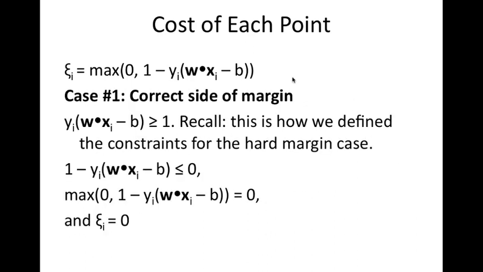We'll go through this very briefly. This should follow pretty naturally. For the first case, these were essentially just the constraints from the hard margin case. When this term is greater than 1, 1 minus something bigger than 1 is going to be negative. The maximum of 0 and a negative number is just going to be 0, so the whole thing, xi, is just going to be 0.